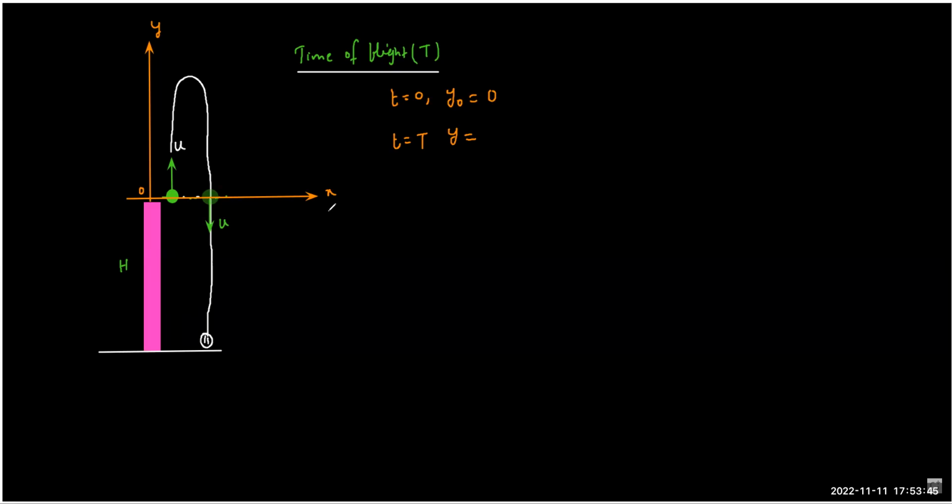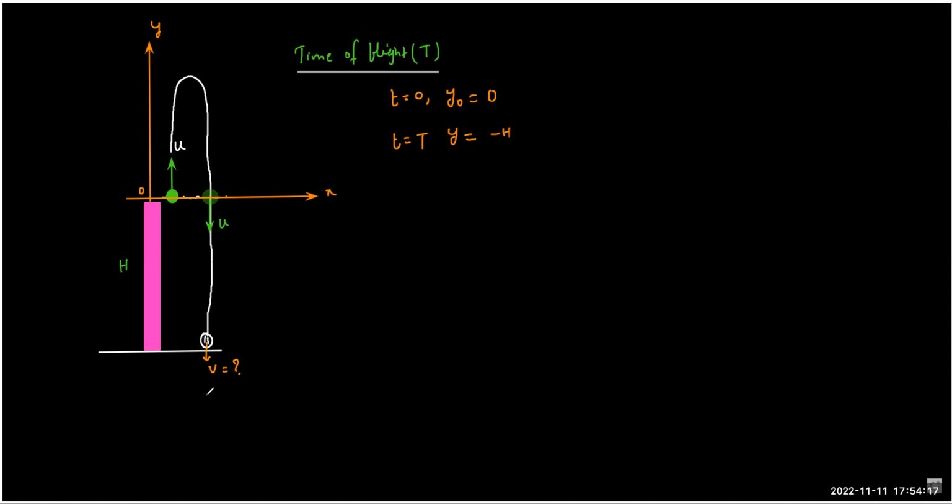Minus H. Very good. So now you're getting it. You know the y value. Do you know the v value here? Do we know the answer for v also? Is it given in the question? We can certainly derive it, but do we know it as of now? No.